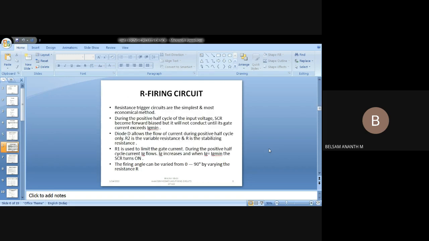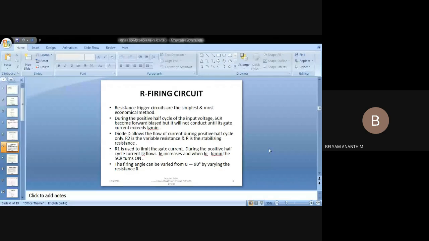Okay. So normally the resistance triggering is a simple circuit. During the positive half cycle, the SCR acts as forward biased, and on the other side, when the diode starts conducting, it acts as reverse biased. But you are trying to change the frequency, or limit your gate current, by adjusting the firing angle from 0 to 90 degrees.